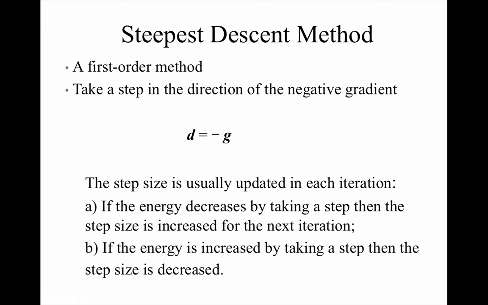But the important point is that we simply follow the negative of the gradient. And this of course makes sense, since the gradient tells us about how the energy changes when we change a given geometrical coordinate. Moving in the negative of the gradient then means that we will be going down in energy, that is towards the minimum. At some point we will meet the situation where the gradient becomes 0, and then the step will also become 0, and we have located the energy minimum.